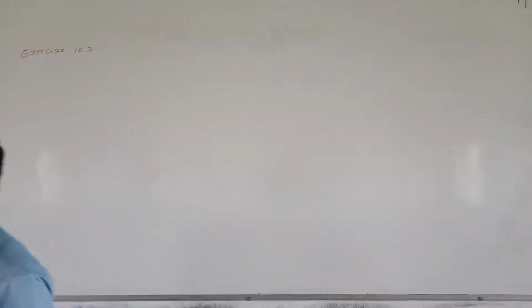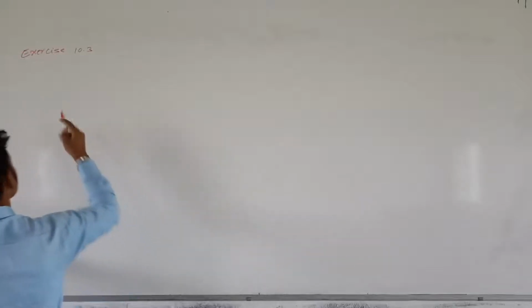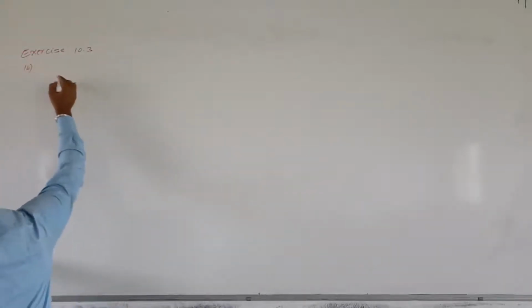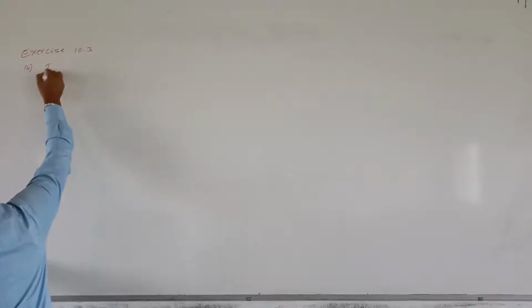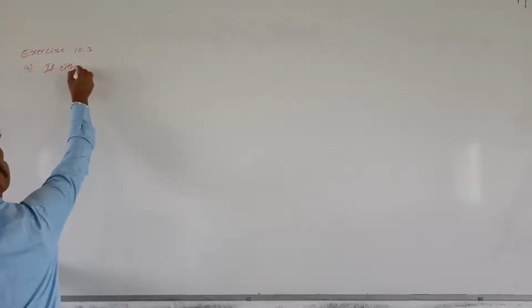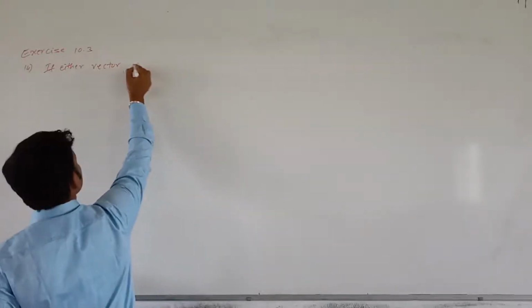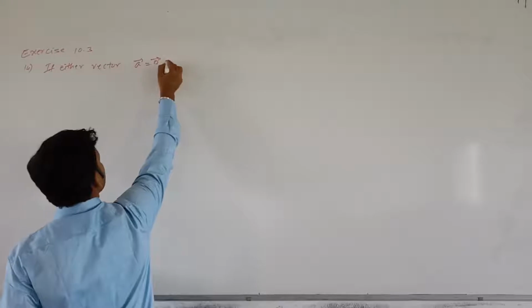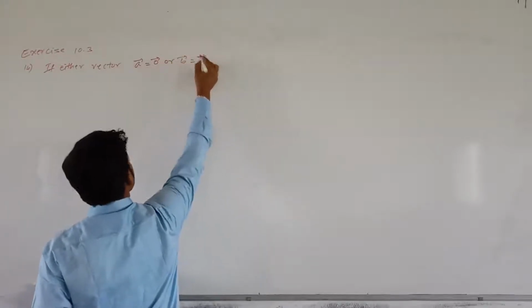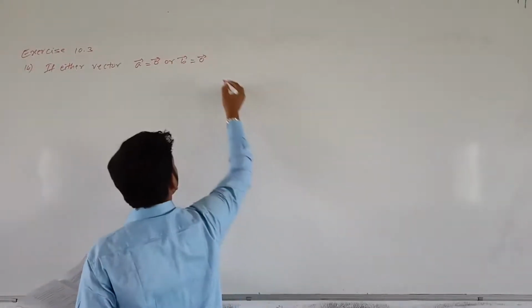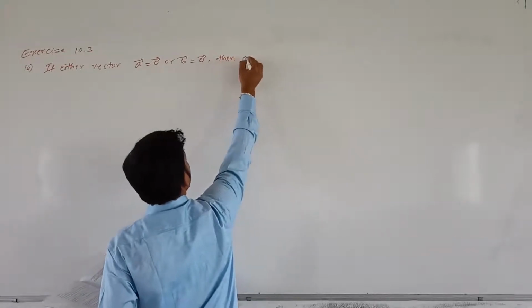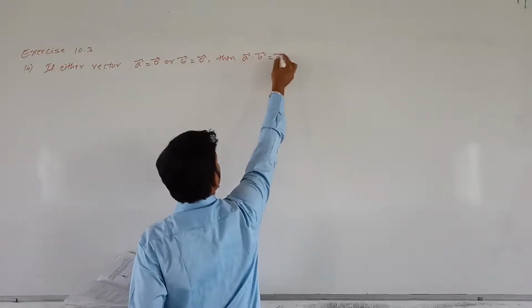Okay, we will take the next problem, problem number 14. Problem number 14 is, if either vector A is equal to null vector, or vector B is equal to null vector, then A dot B is equal to null vector.